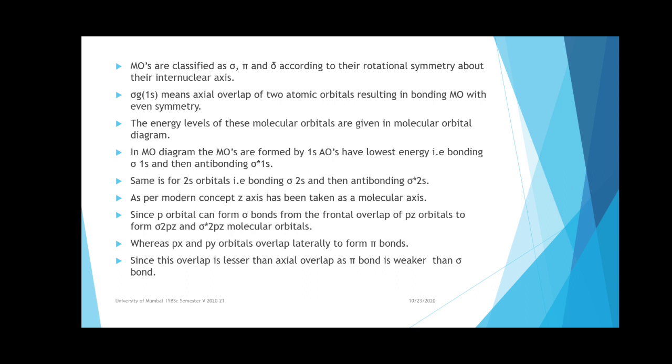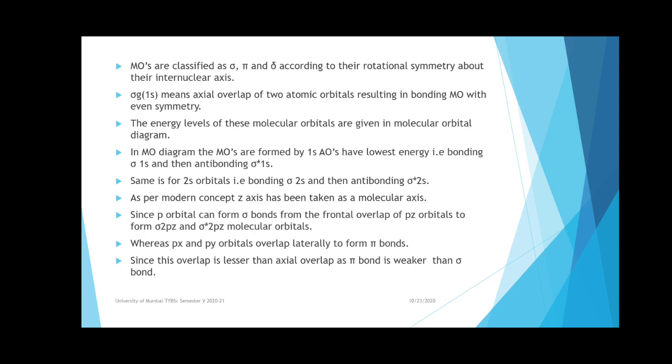But for the p orbital, there is a slightly different concept: as per the modern concept, the z axis is taken as the molecular axis. As we know, the p orbital has three types, px, py, pz. So pz lies along the molecular axis, while px and py are perpendicular to the axis.